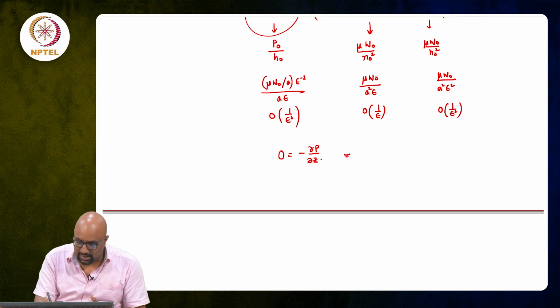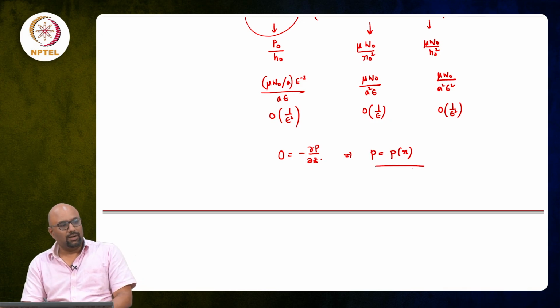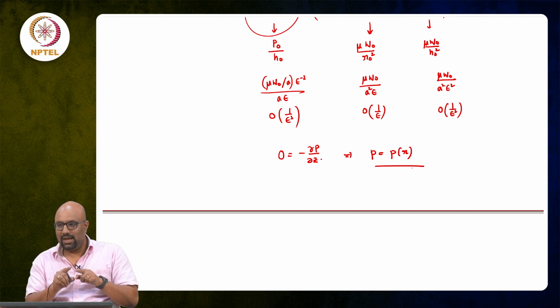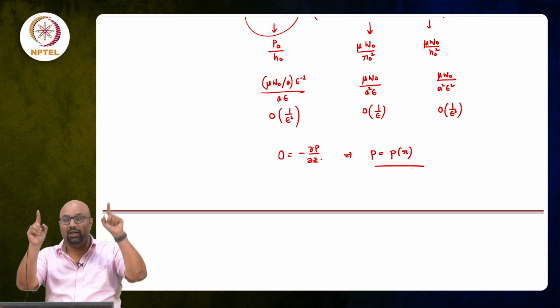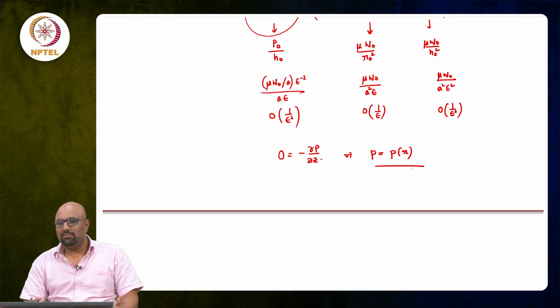So, which is to say that pressure is purely a function of radial coordinate, it is not a function of the axial coordinate, right. So, at any point in R, you can say it has a hydrostatic kind of a balance. There is no weight here, but you just have dou p dou z equal to 0.